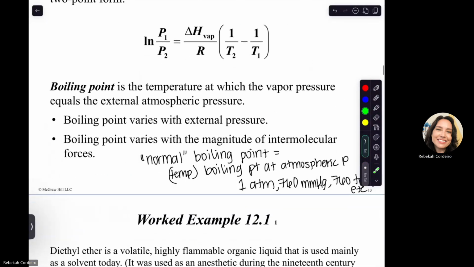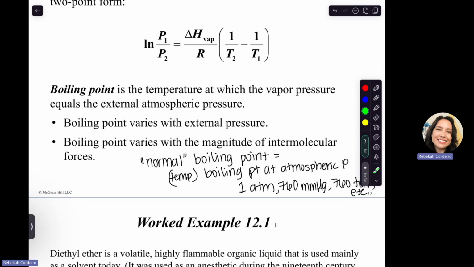The boiling point varies with external pressure because you have something pressing down, keeping your substances from turning into gases. And if you get to the point where your vapor pressure equals the external pressure, then you're free to totally evaporate, to totally boil. That depends on the intermolecular forces and the external pressure.